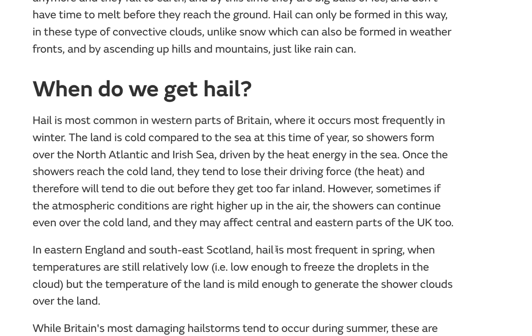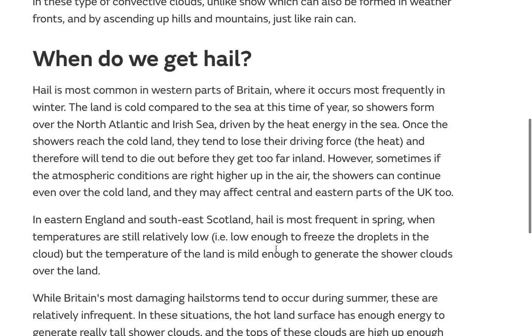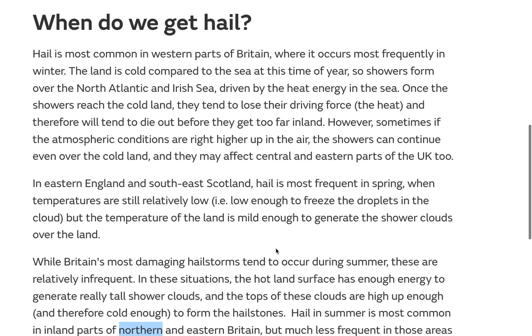However, sometimes if the atmospheric conditions rise higher up in the air, the showers can continue even over the cold land, and they may affect central and eastern parts of the UK too.